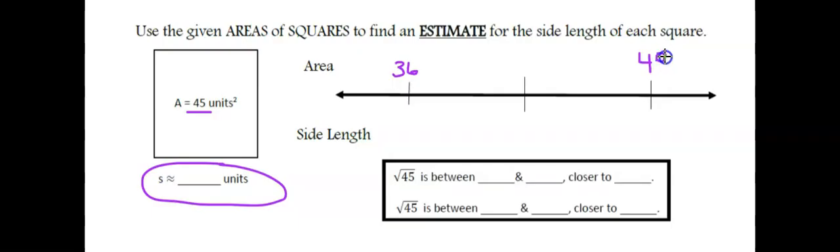So if this had an area of 36, to find the side length we'd take the square root of 36. Let's pretend it was 36. We'd say, hey, the side length is 6. Let's pretend the area of the square is now 49. To find the side length, we take the square root of 49, and that is 7.